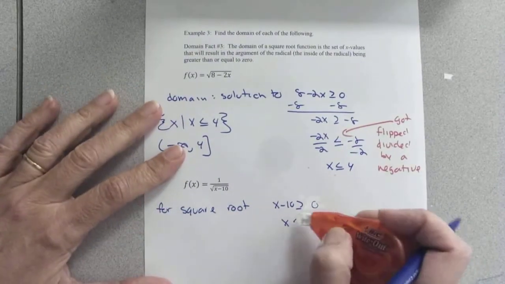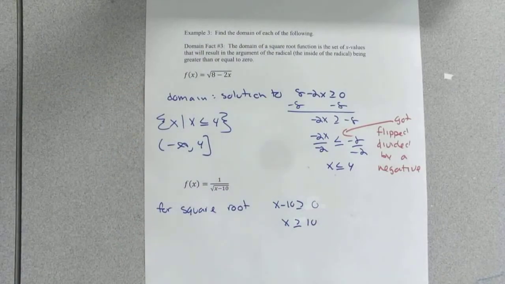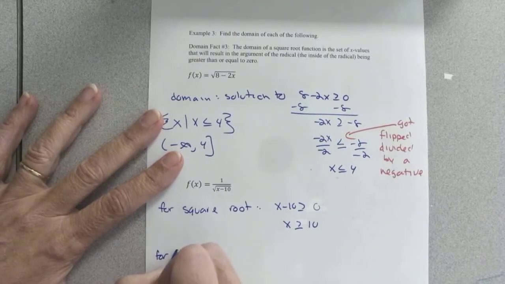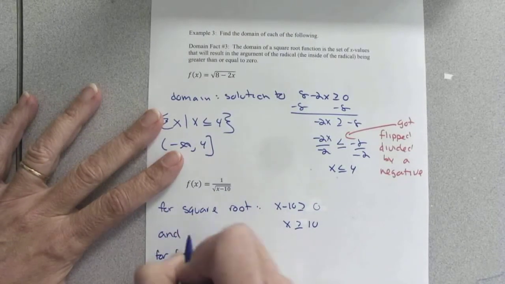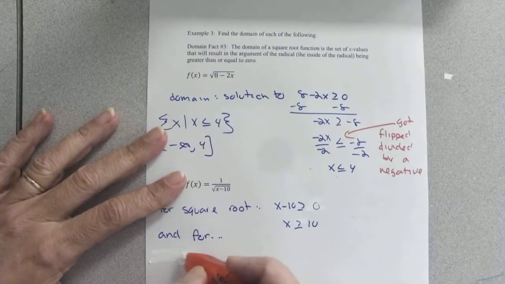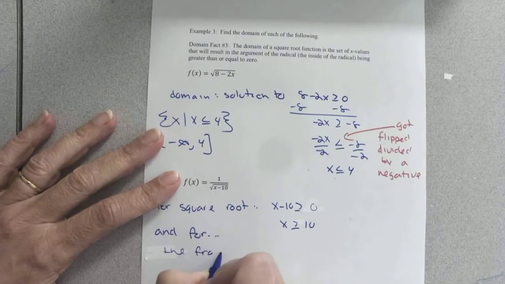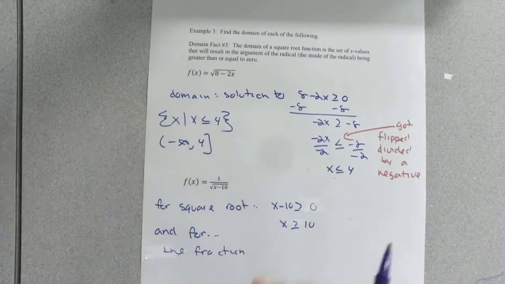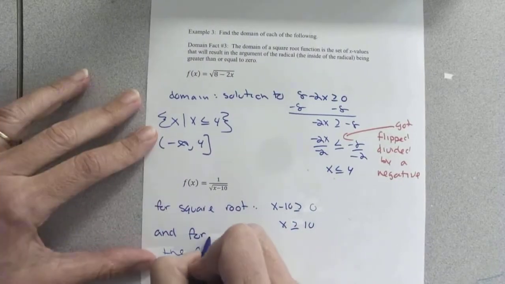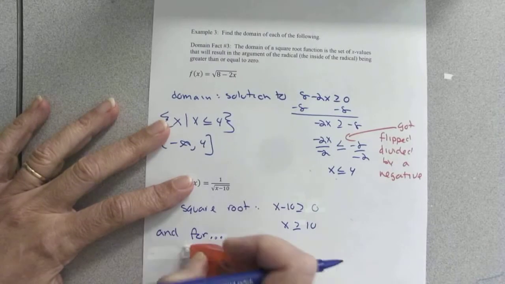And without much fuss, that gives me x greater than or equal to 10. For the fraction, and I'm trying to write so you can actually read this.